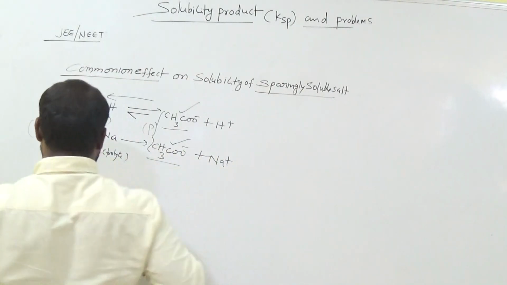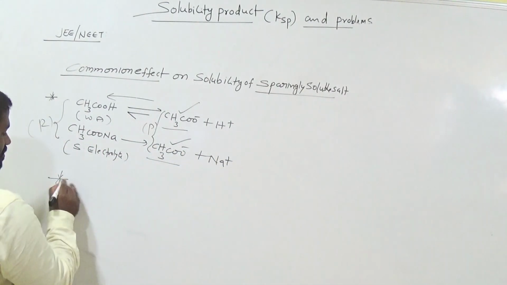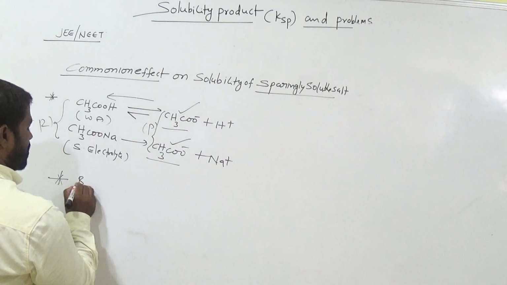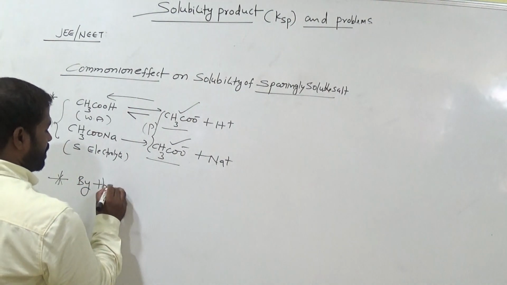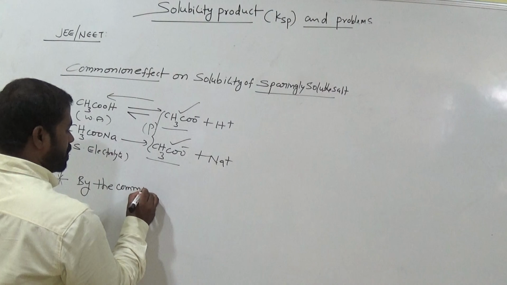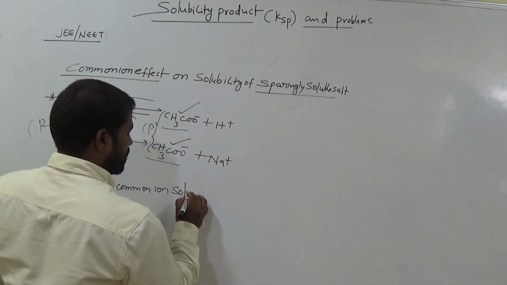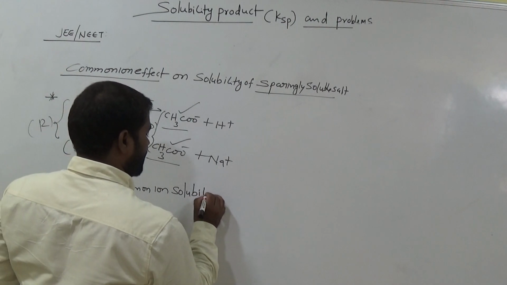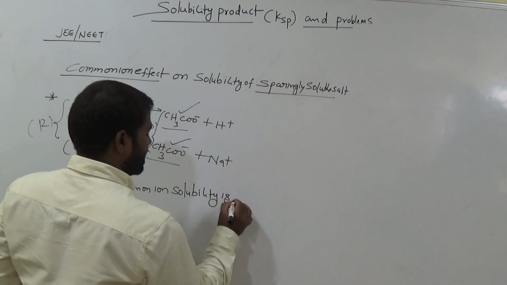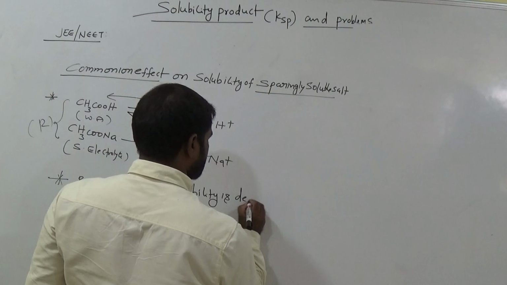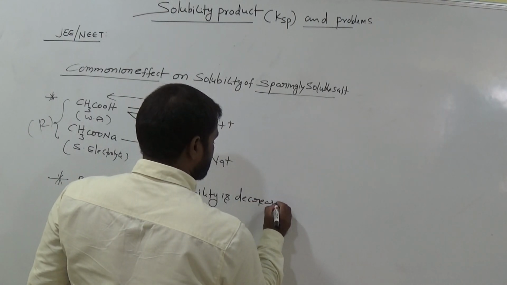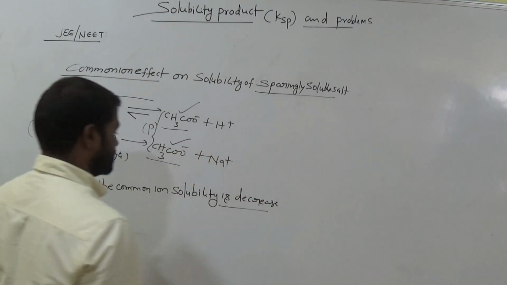Solubility decreases. Simply you can write: by the common ion, solubility is decreased. Clear?